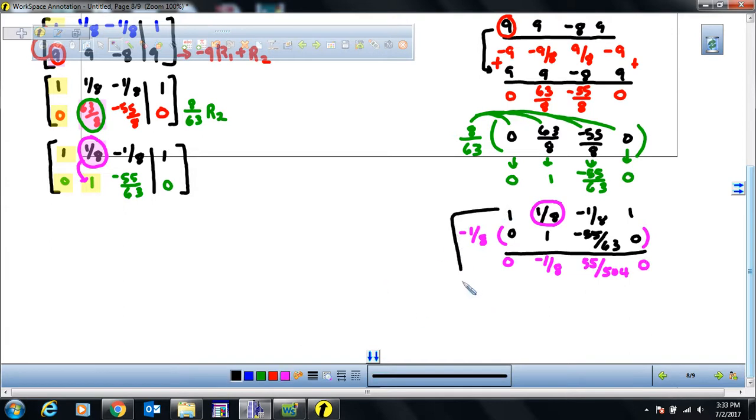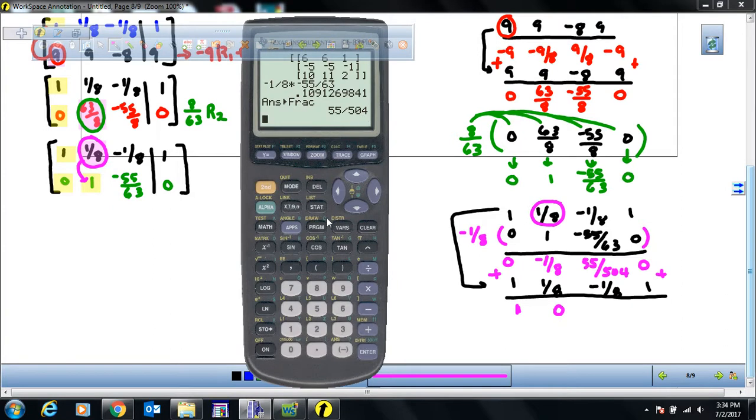Then I need to add it to this equation, which is 1, 1/8, negative 1/8, and 1. So what's going to happen if I add them? We're going to get 0 plus 1, which is 1. Negative 1/8 plus 1/8 is 0. Now let's add those two fractions. 55/504, we're going to subtract 1/8 from it. And make sure you make it a fraction.